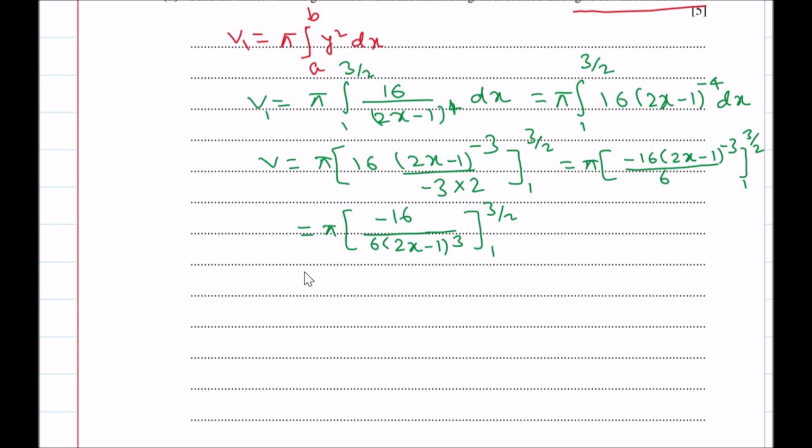So we get pi into minus 16 by 6 into 8, by substituting 3 by 2. Now, if you substitute 1, then we get plus 16 by 6.